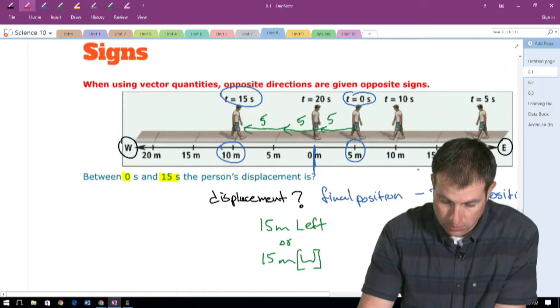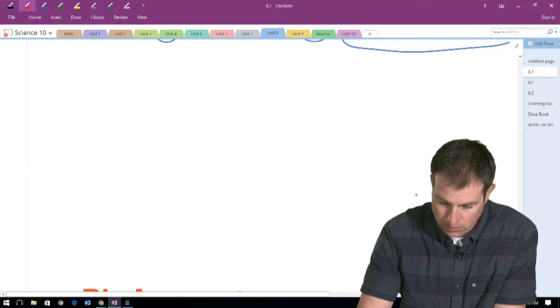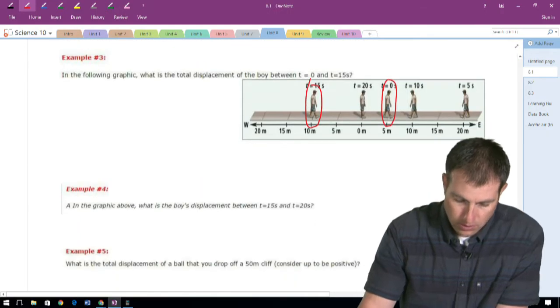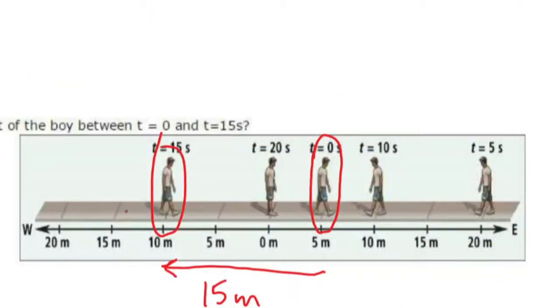Yeah, it's the same as this one. 15 meters left, or 15 meters east. So starting from here and going this way, we have 15 meters, we said west or left. Either one would be fine.